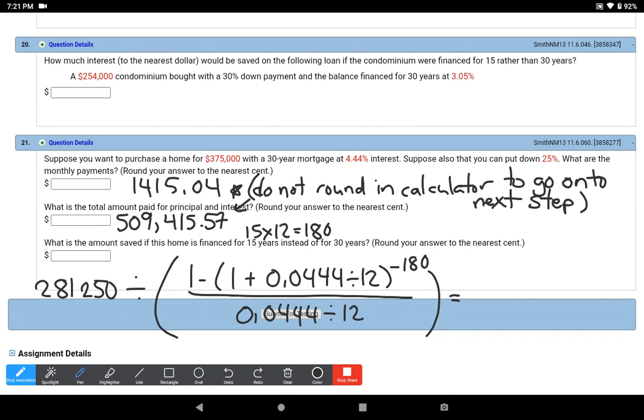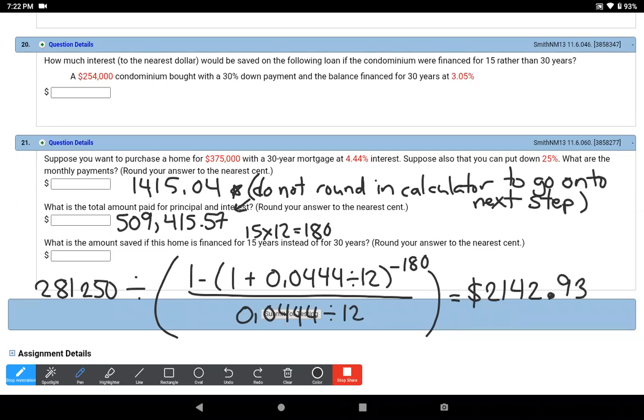281,250 divided by parentheses 1 minus parentheses 1 plus 0.0444 divided by 12 in parentheses caret negative 180 in parentheses divided by open parenthesis 0.0444 divided by 12 end parenthesis equal sign. So this gives us 2142.93, right?